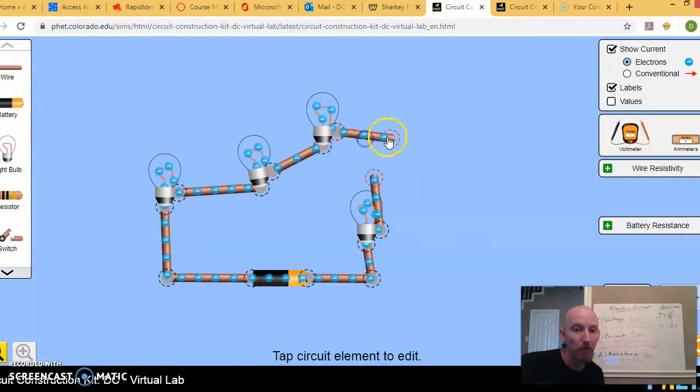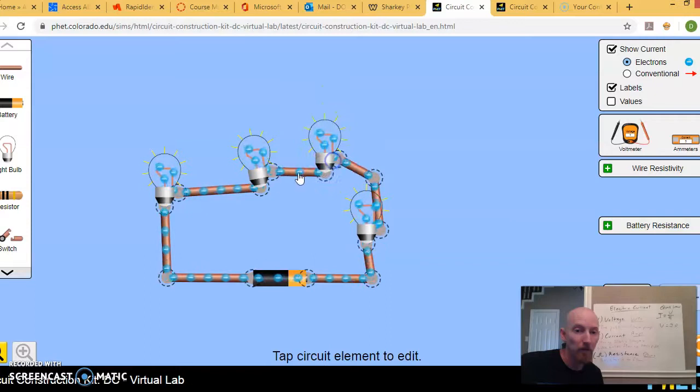Another bulb here. Oh my gosh. Then they're not as bright. I don't know if you notice. You might have to back the video up a little bit, but now the bulbs are all not as bright, and these little electrons aren't moving very fast. So the more stuff you plug into series, the slower things move.